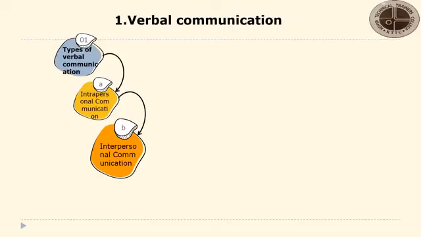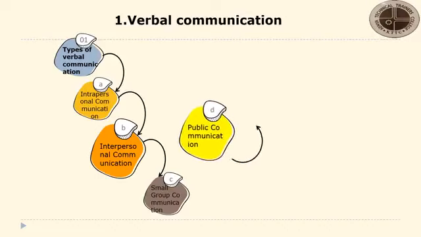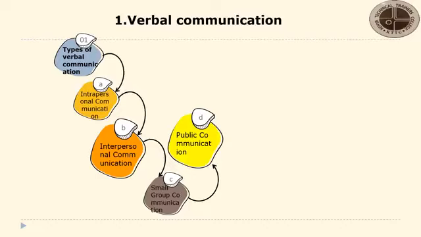And we have number 2, which is interpersonal communication, in which this form takes place between two individuals. We have other types of verbal communication, which is small group communication. And lastly, we have public communication.